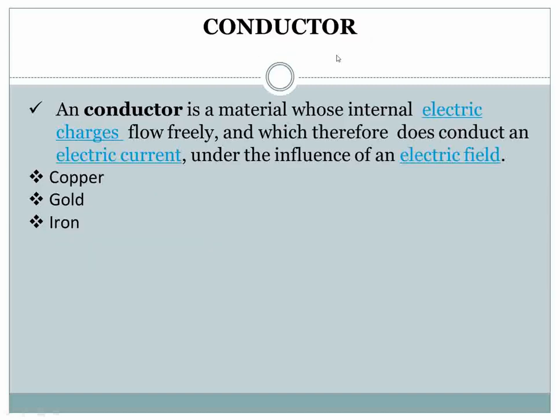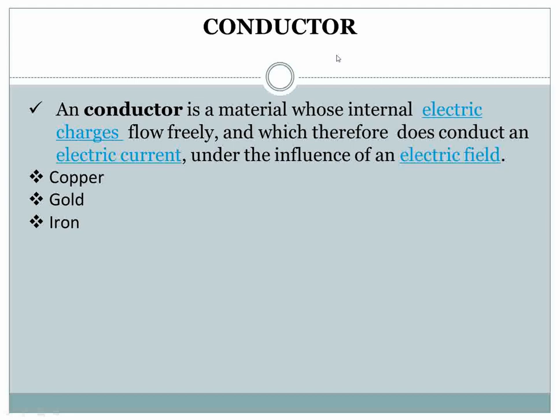What do you mean by conductor? Basically, we observe in daily life copper, gold, aluminium and iron. These materials are treated as conductors. Why? Because if an external charge or electric field is applied, current flows through the material readily, as there is no opposition or resistance, and free electrons are available in this material.